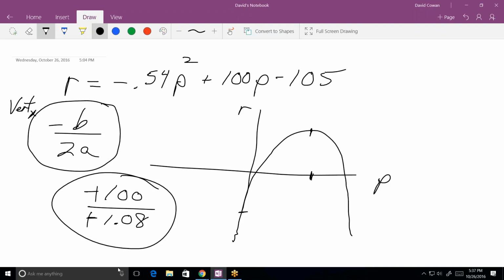For any quadratic, that's actually the quickest way to find the vertex. If you have a quadratic in standard form, which this is, ax squared plus bx plus c, the fastest way to find your vertex is minus b over 2a.